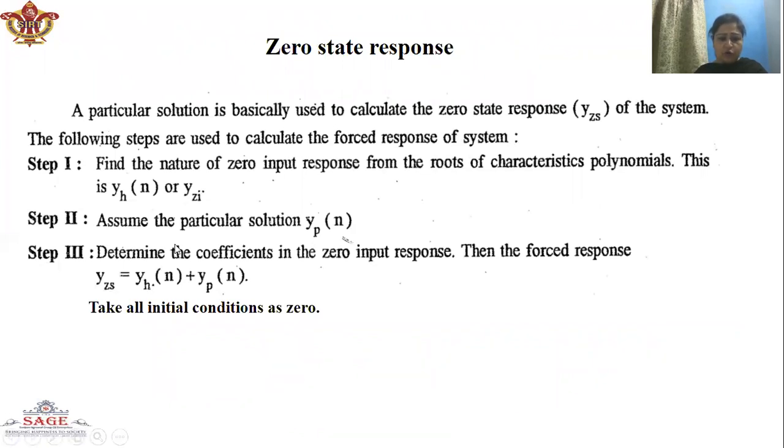First, we find the homogeneous solution, which is also known as the zero input response. Then we find the particular solution. Then we determine the coefficients in the homogeneous solution, and the forced response is given as the sum of the homogeneous and particular solutions. We have to keep in mind that all the initial conditions are taken as zero.